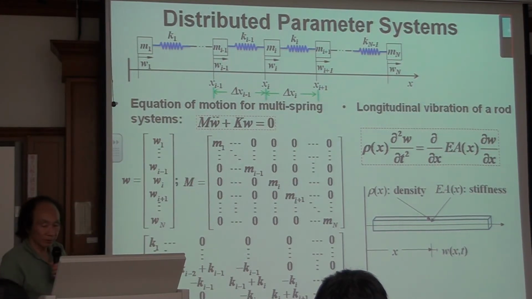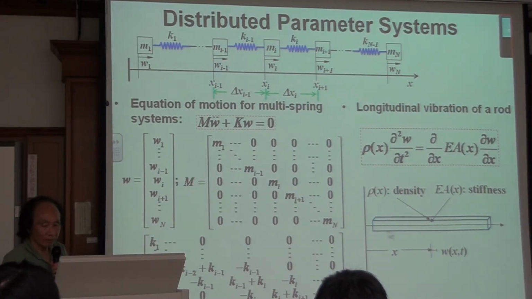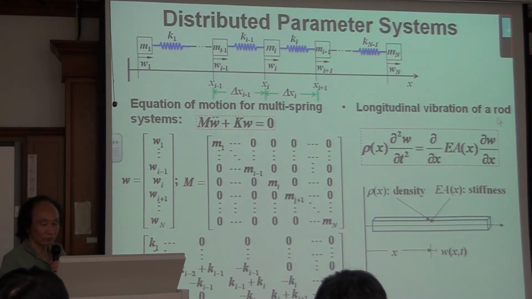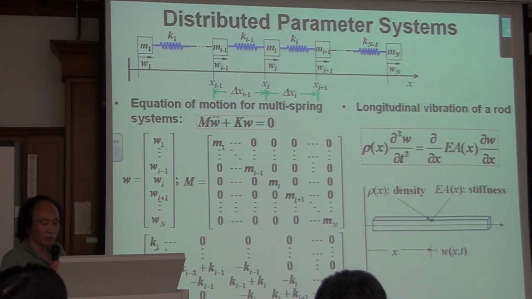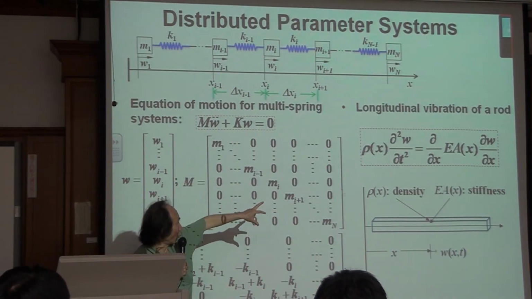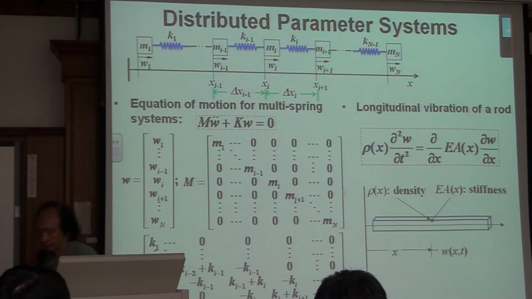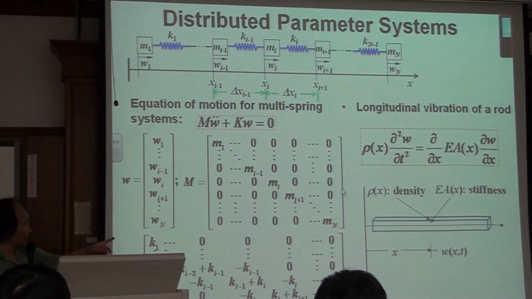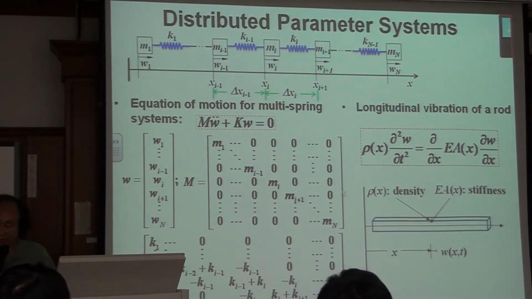For this rod, and longitudinal vibration of the rod, you can really write it in terms of this. A simple rod like this, if you know the EA of x.